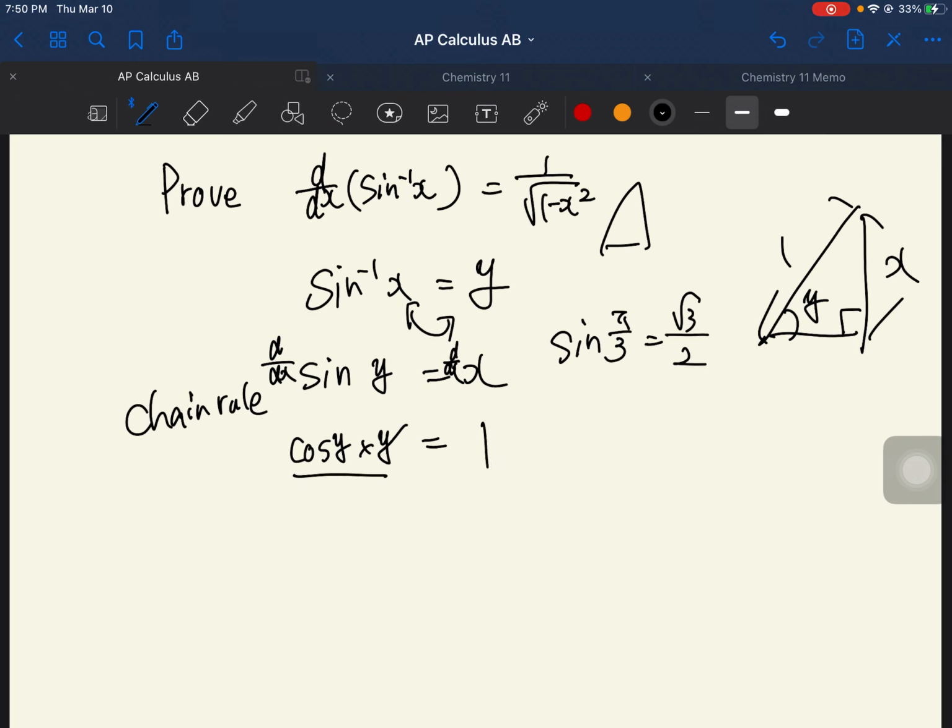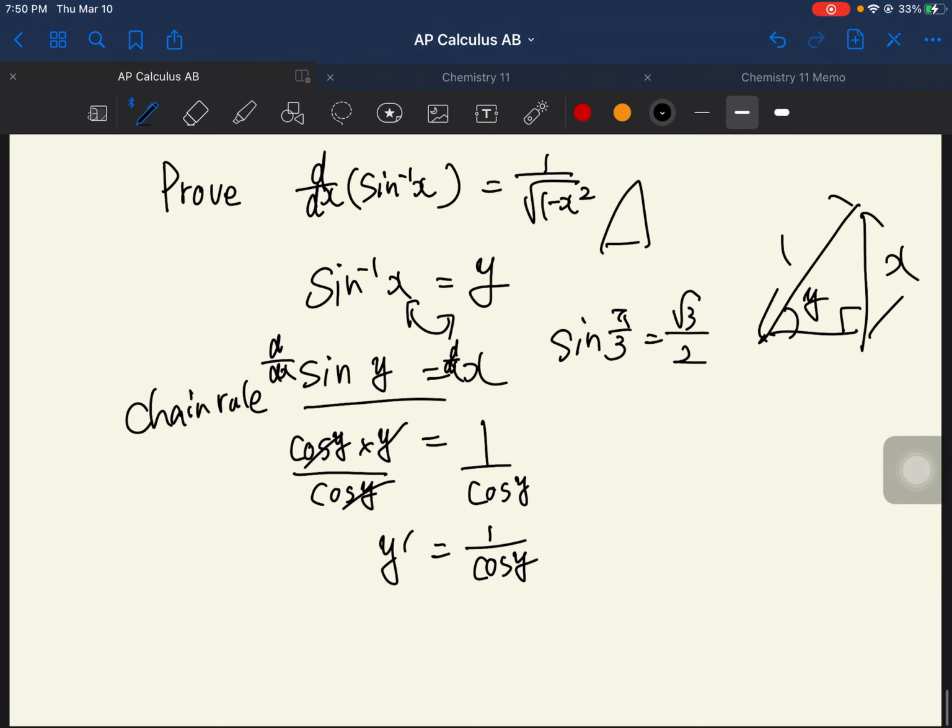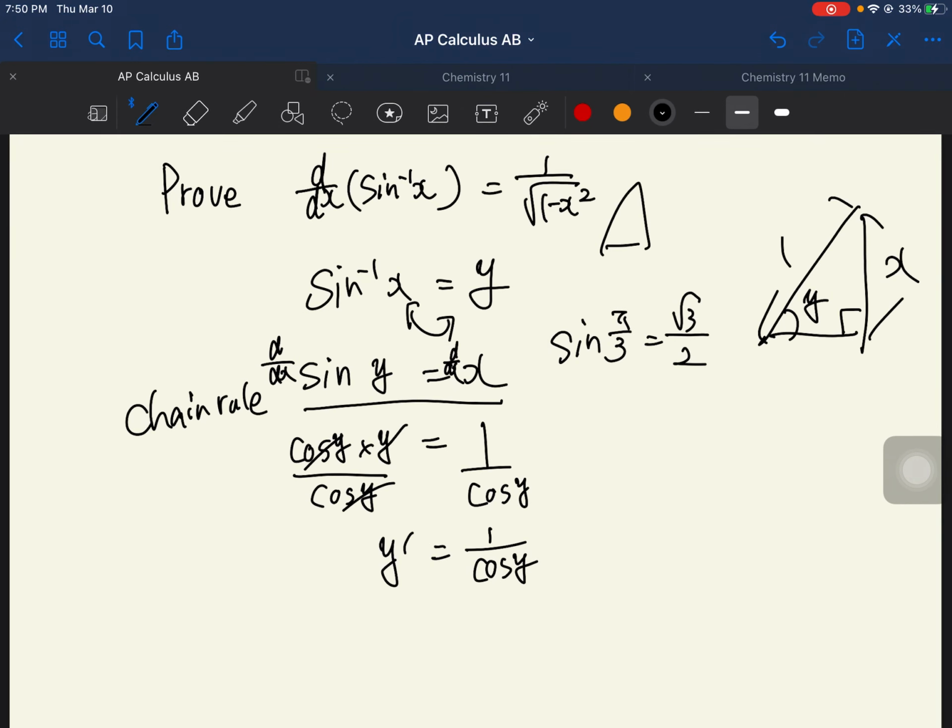Then let me divide by cosine y for both sides. It's going to be y prime equals 1 over cosine y. Now what is cosine y though? Now you have cosine y equals x.